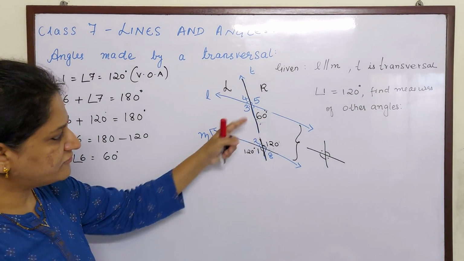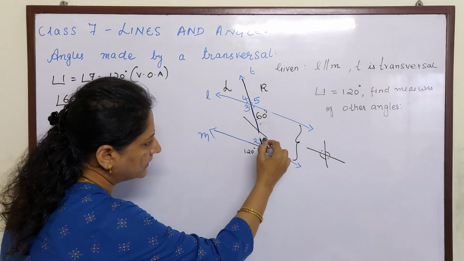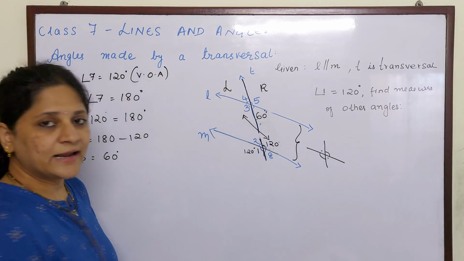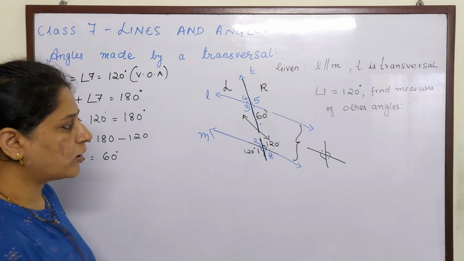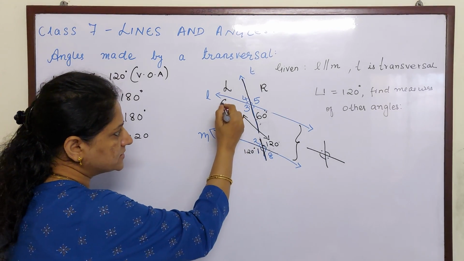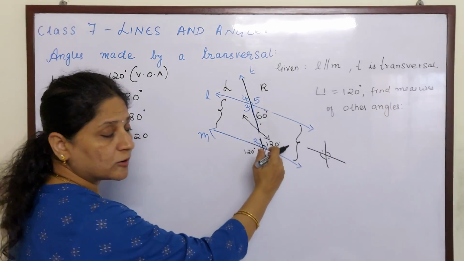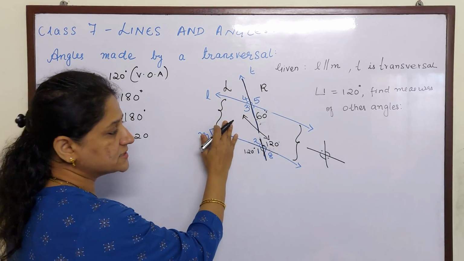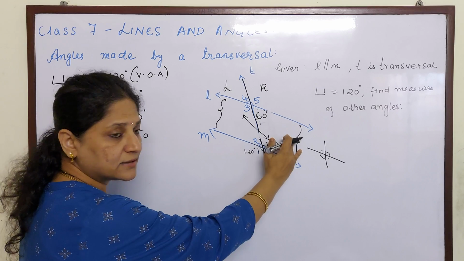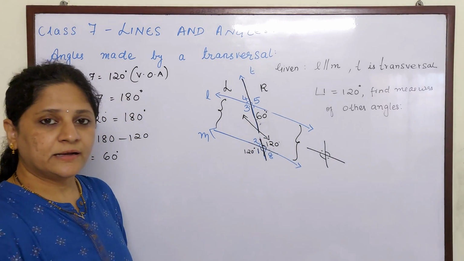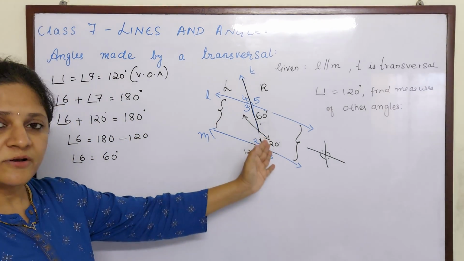Now what do they form? Angle 3 and angle 7. They are alternate interior angles, because they are lying between line L and M and they are on the alternate side. One is on the left side and one is on the right side. And alternate interior angles are always equal.